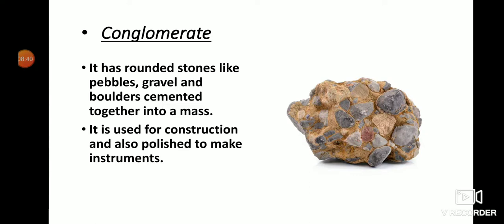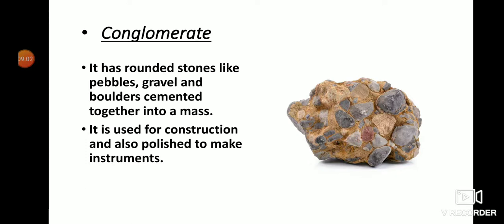Conglomerate is found mostly in river beds, sea beaches, glaciers or deep water marine areas. It has rounded stones like pebbles, gravels and boulders cemented together into a mass.